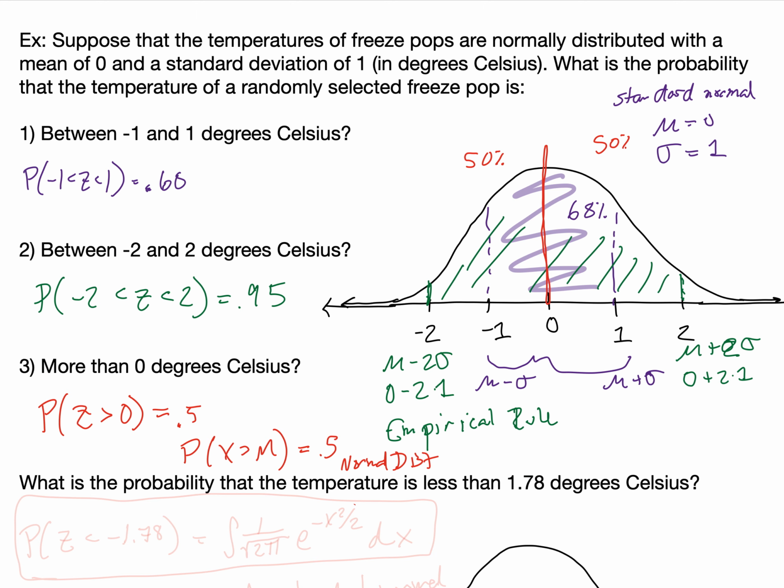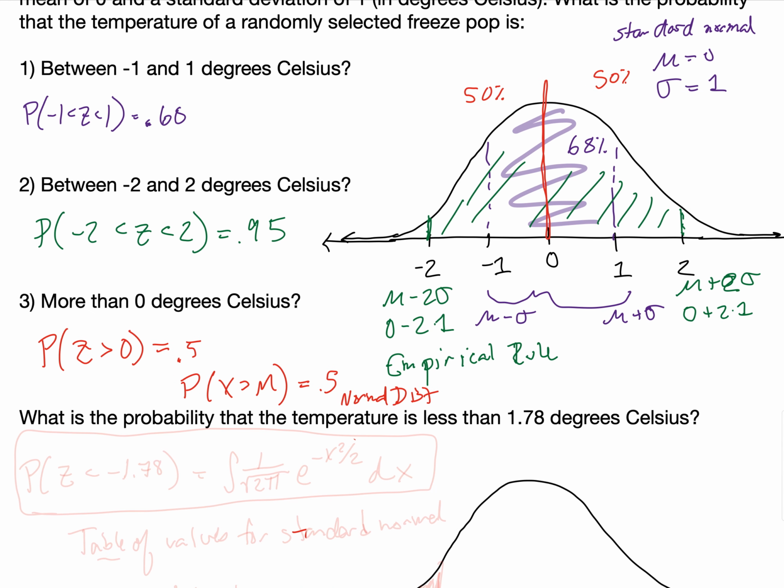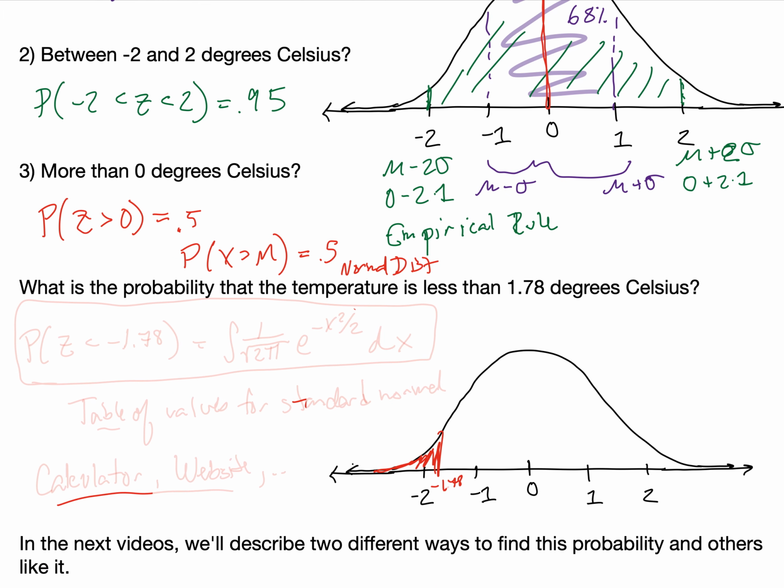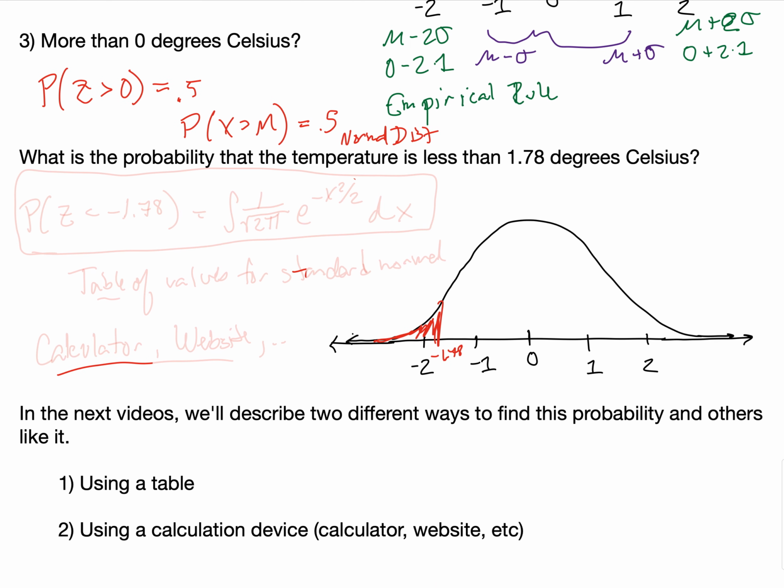So what if we wanted to ask a slightly different kind of question? What is the probability that the temperature is less than -1.78 degrees Celsius? So here's -1.78 on this scale, and we're looking for this probability, which corresponds to the area under the curve below -1.78.